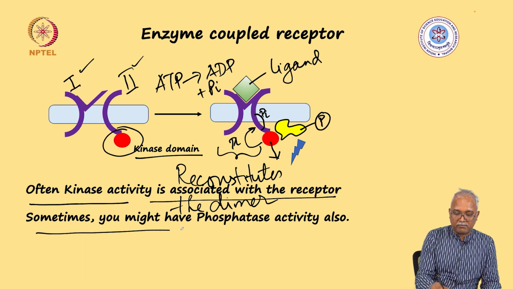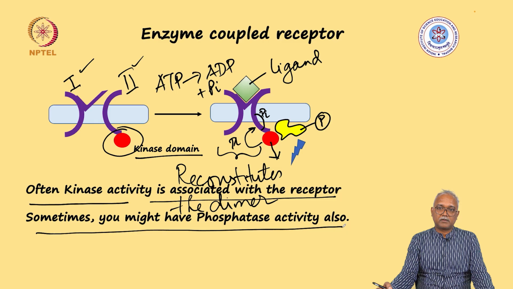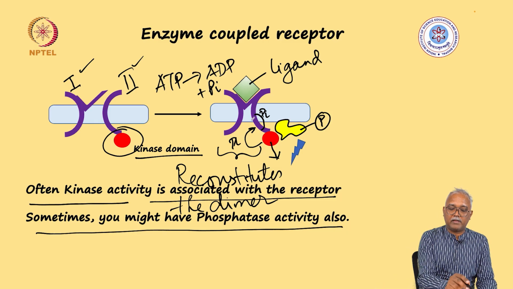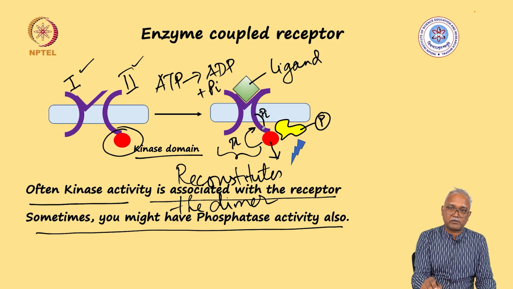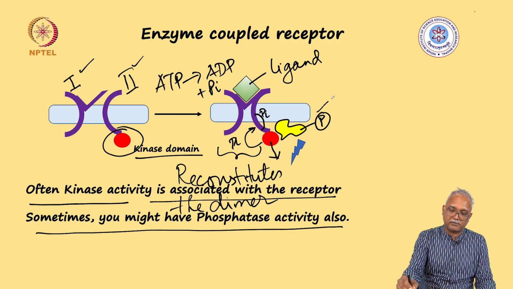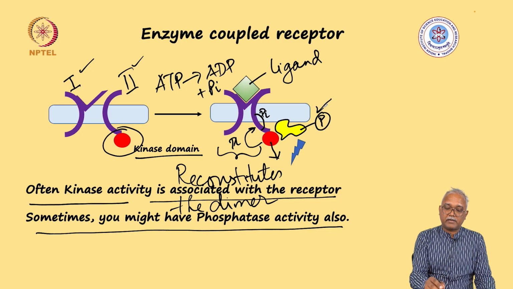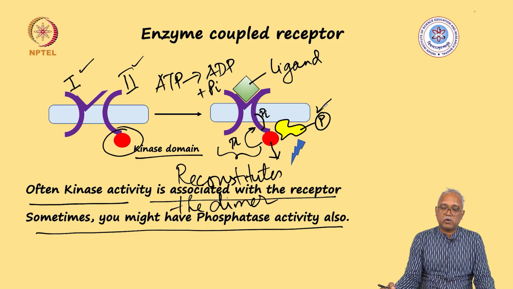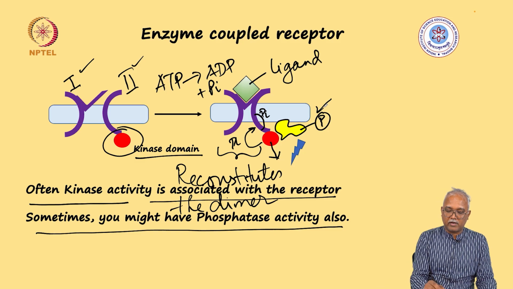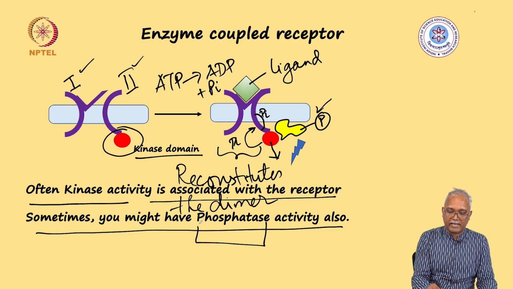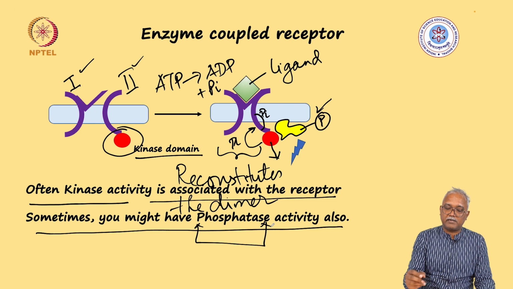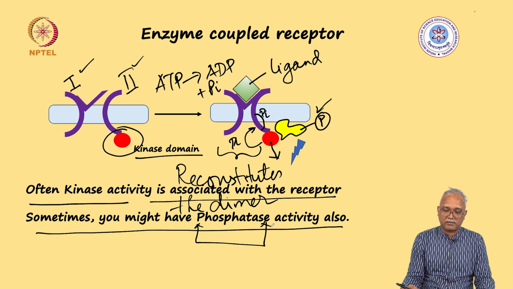What also is seen sometimes is the phosphatase activity. You would appreciate that in this process where the receptor is getting phosphorylated and activating things, if it continues to be in an active state, it will be a problem. So you need to inactivate. So there will be a set of molecules which carry the phosphatase activity to regulate the signaling, a feedback mechanism which will regulate the signaling mediated by such enzyme coupled receptors.